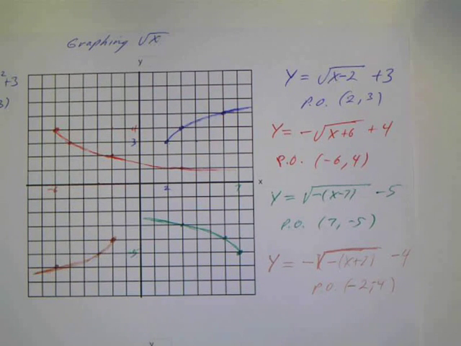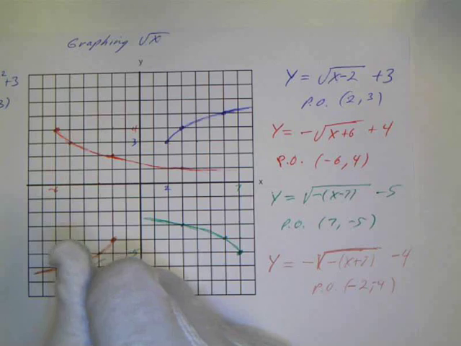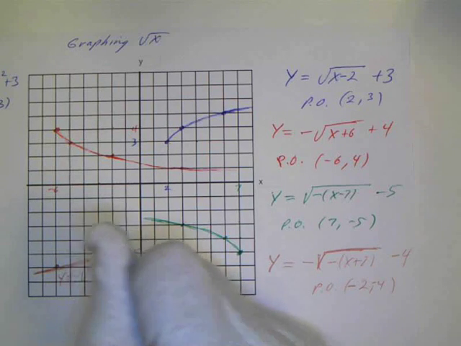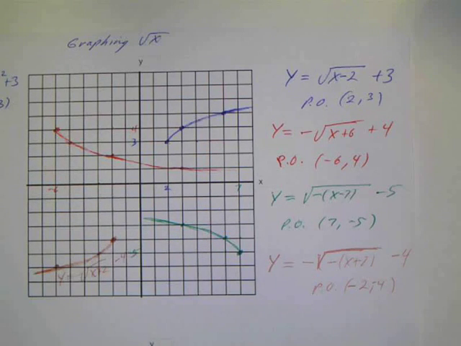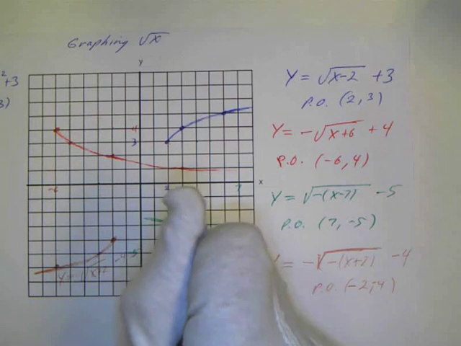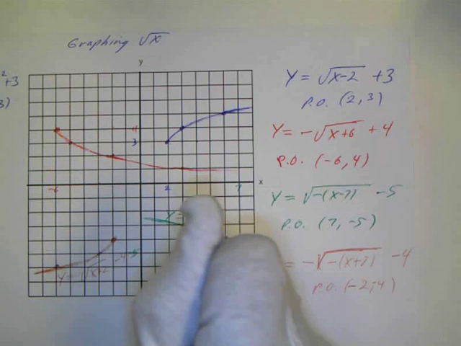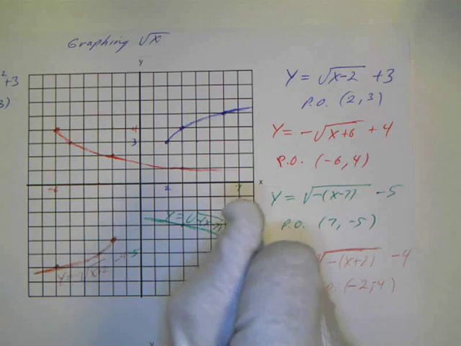And I could label these. I probably should label these. So this is y equals negative the square root of negative x plus 2 minus 4. And this one was y equals the square root, positive square root, of negative x minus 7 minus 5.